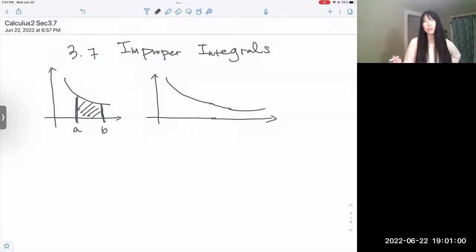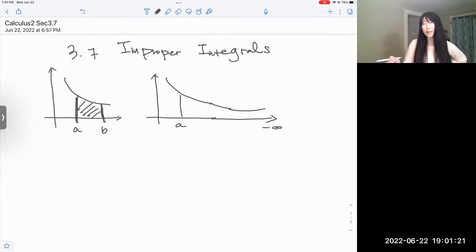Now, this section we call improper integrals, meaning that we have a definite integral from A, but we don't go to B. What if we want to know the area until positive infinity, how does that happen?